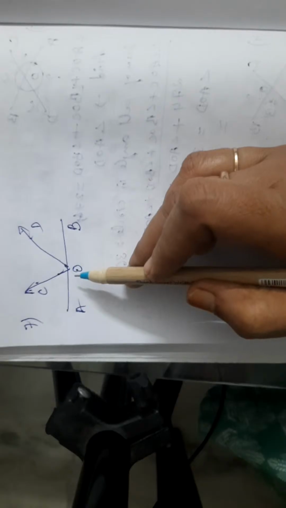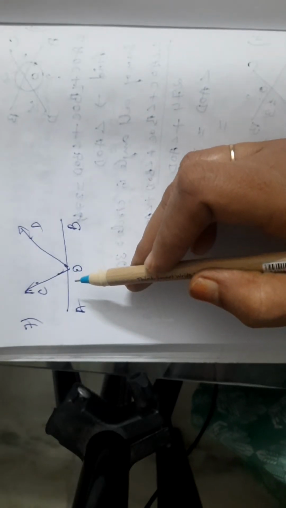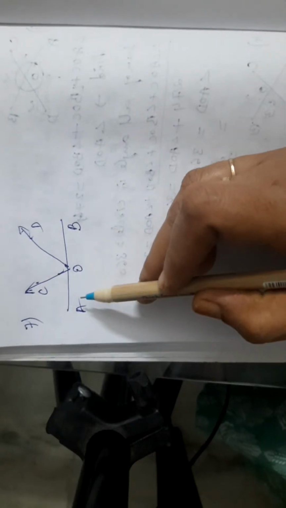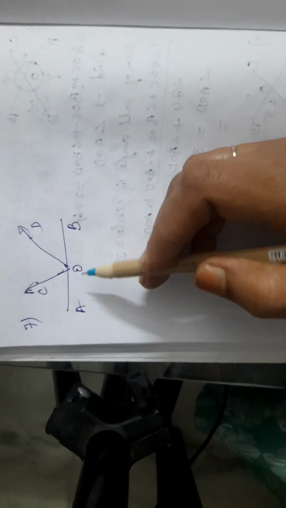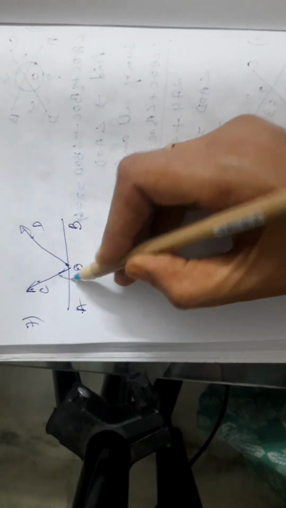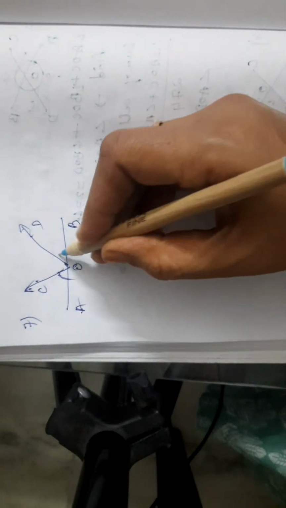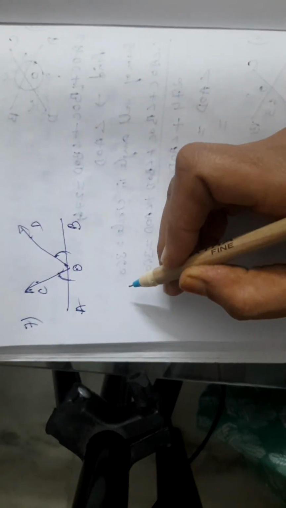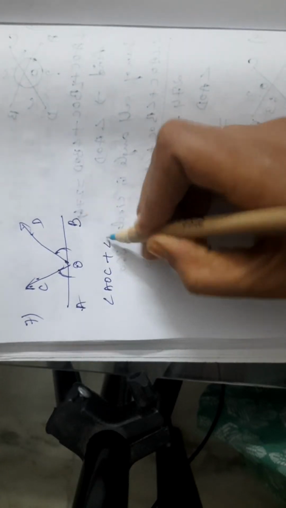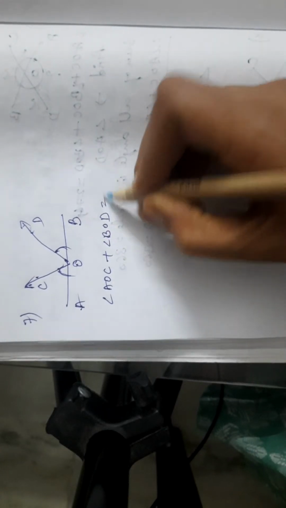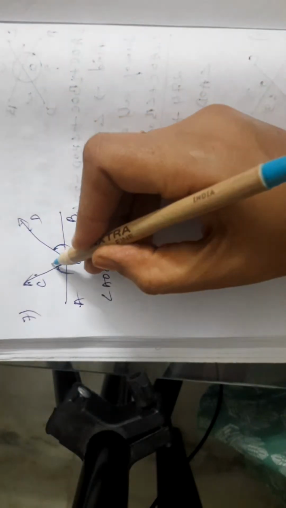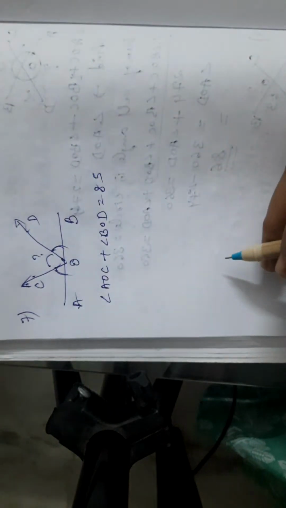Here the value of AOB is given, and AOC plus BOD, the sum of these two angles, is given as 85. We need to find the value of COD.